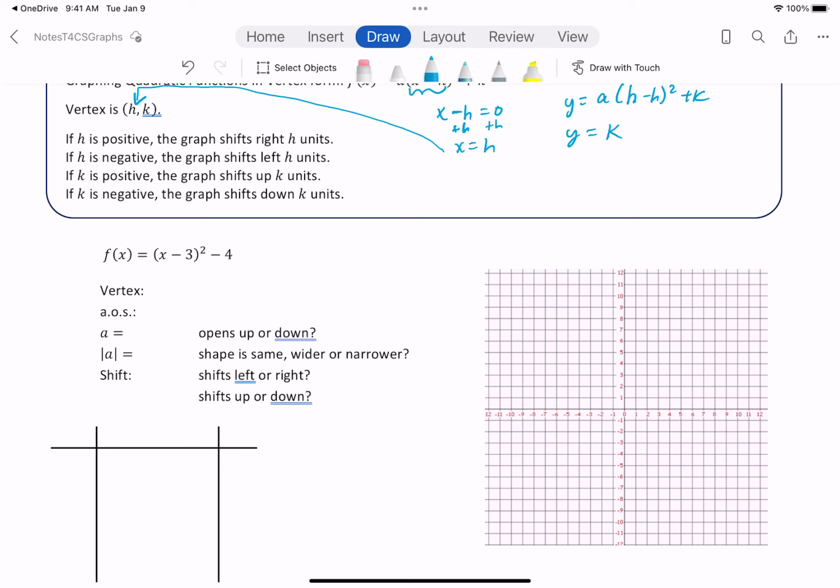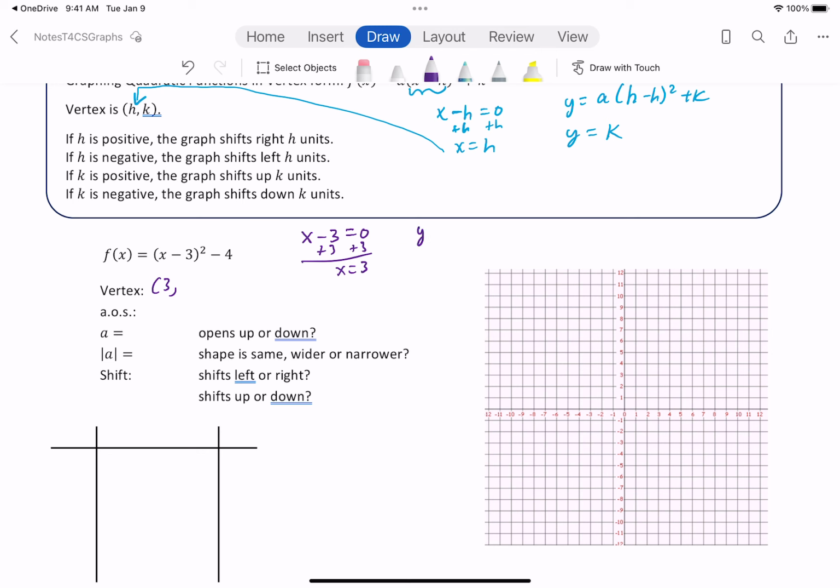So remember, to find the vertex, I can take my x term, x minus 3, and set that equal to 0. That gives me x equals 3. So that means the x-coordinate of my vertex will be 3.